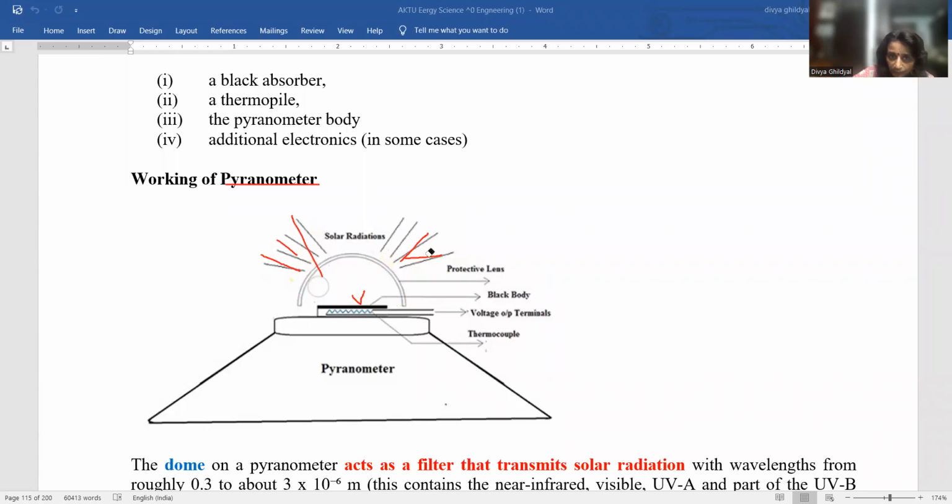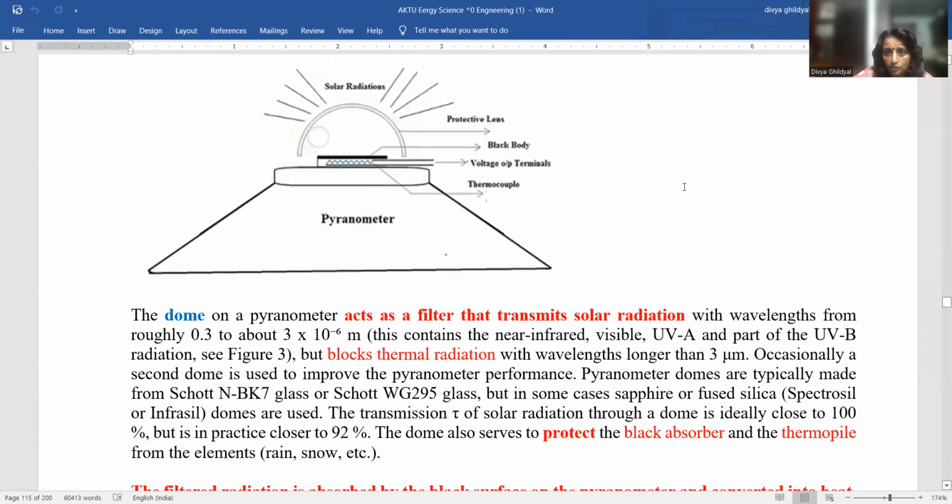Usually, the general range of wavelength here is 0.3 to 3 × 10^-6 meter. This much it does the filtering work. It is just like home filters you must have seen, and it blocks thermal radiation with wavelength longer than this.